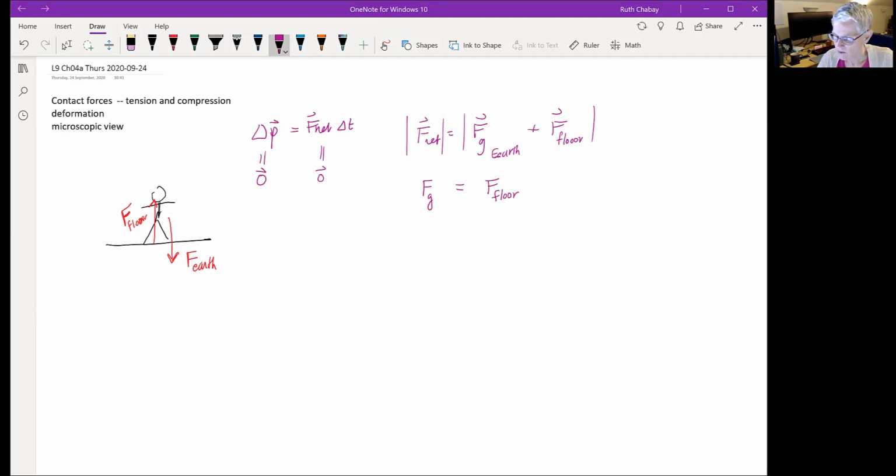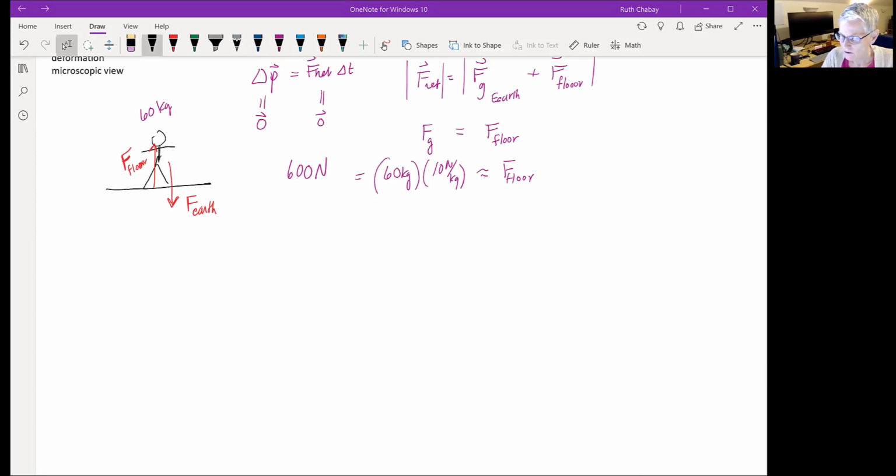And let's say this person is 60 kilograms. So this is 60 kilograms times 9.8 newtons per kilogram. That's about 10 newtons per kilogram. That is going to be equal to the force by the floor. And that's equal to 600 newtons. So the floor is exerting a force of 600 newtons upward on the person. Okay, very basic.